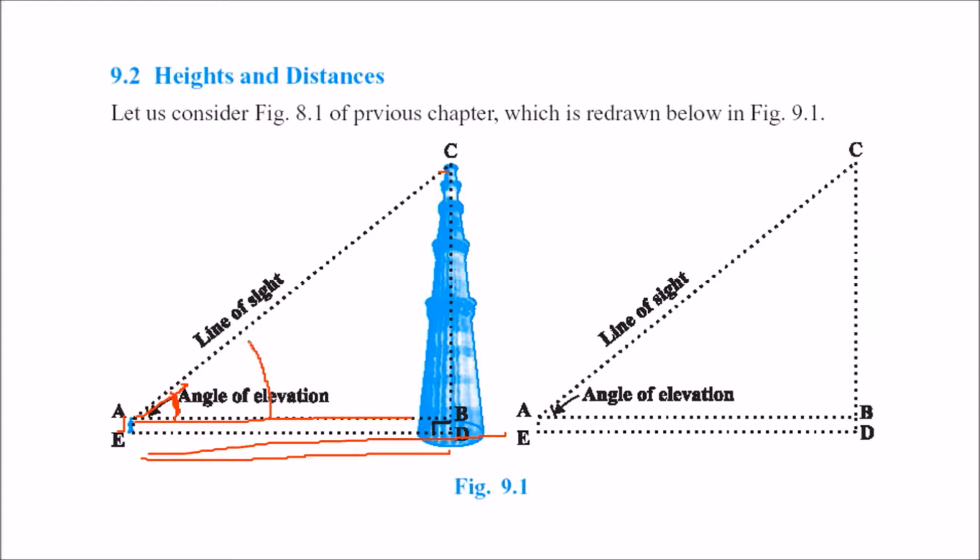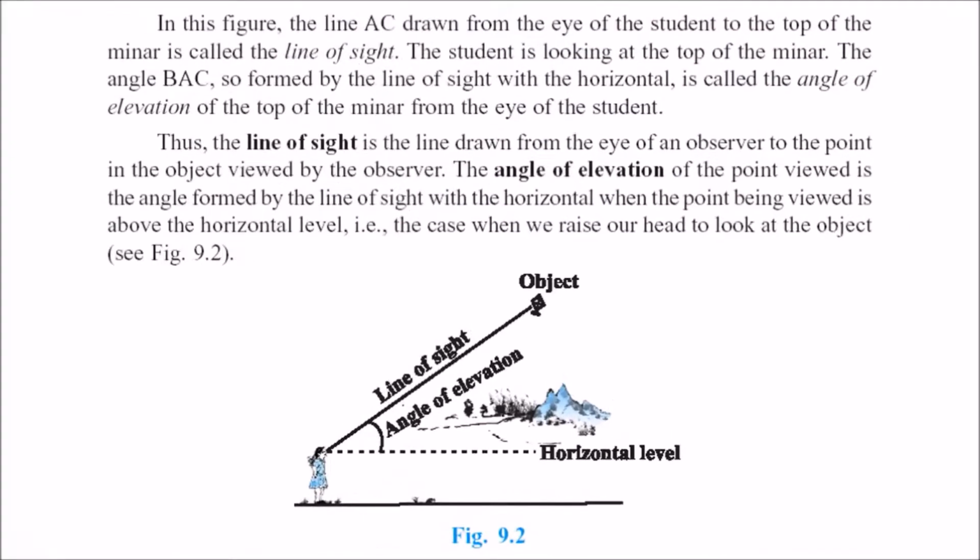We mark it like this. If you know the angle of elevation and the distance you are away from this object, you can easily find out, through the line of sight, the distance of this object from the ground, that is the height.